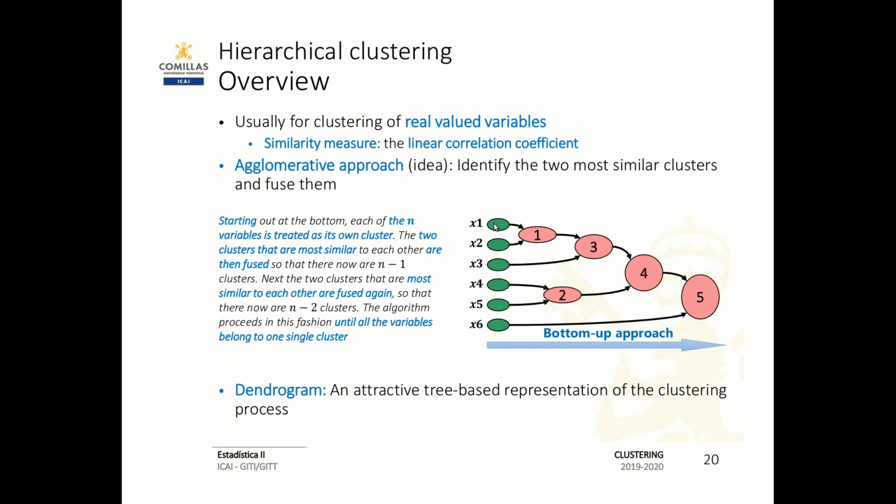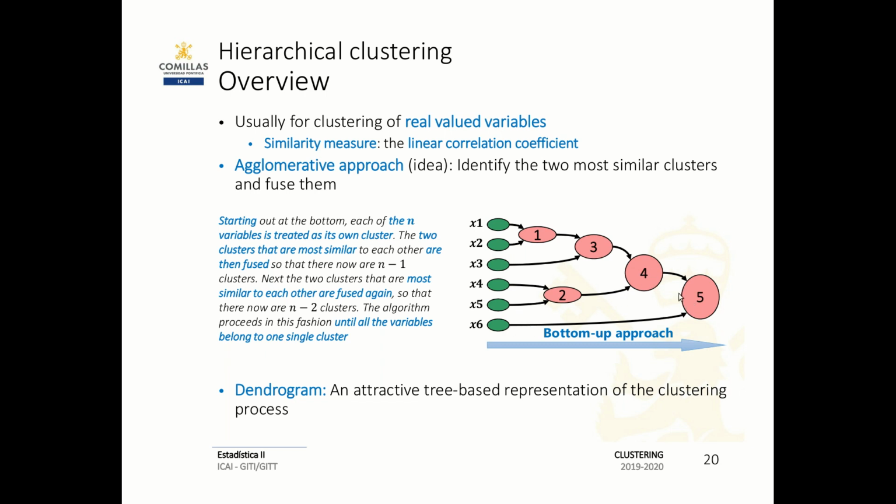So let's say that in this example, x1 and x2, that are two variables, are closer to each other, so they are joined into a single group, 1, and then x4 and x5 are grouped into 2, and then x3 is joined with the group 1 to make the group 3, and then group 3 and group 2 are joined into group 4, and then the group 4 is joined with x6.